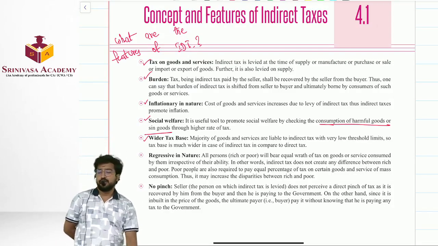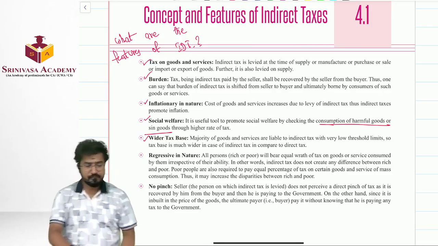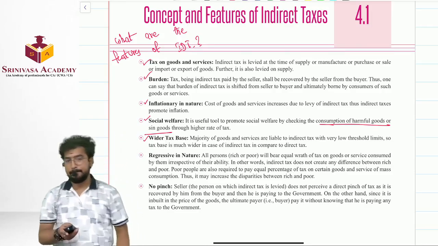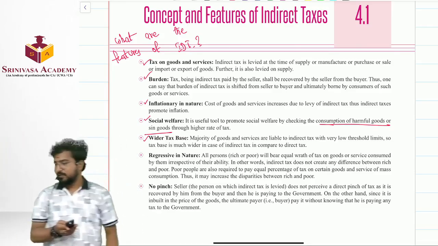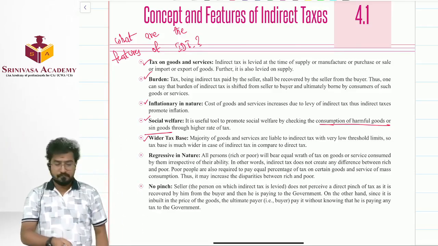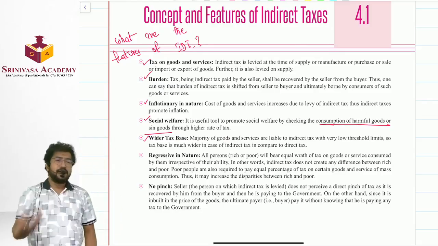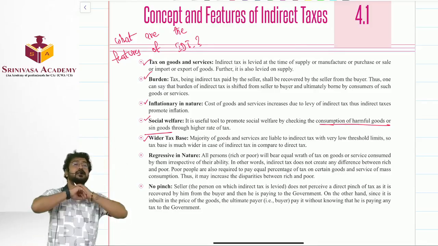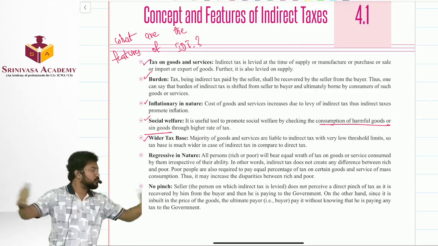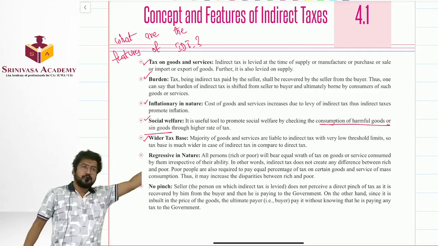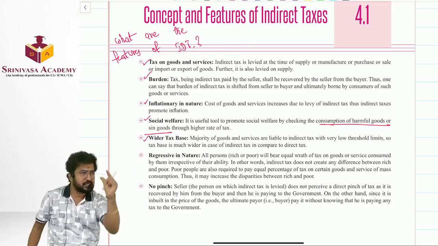Wider tax base. What do you mean by wider tax base? Sir, wider tax base means it covers almost anything and everything. The tax base is wide enough. You go and purchase something in a stationery shop, some stapler pins.